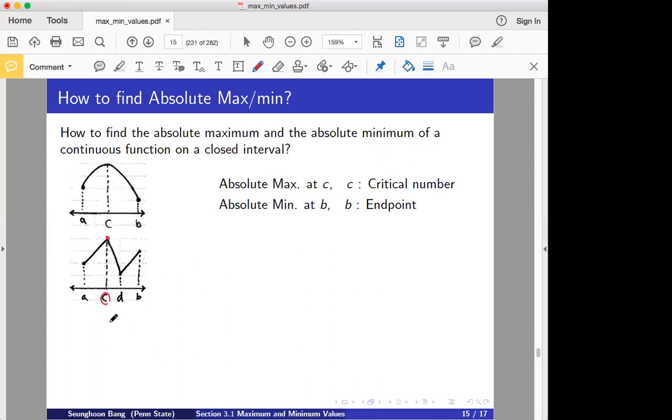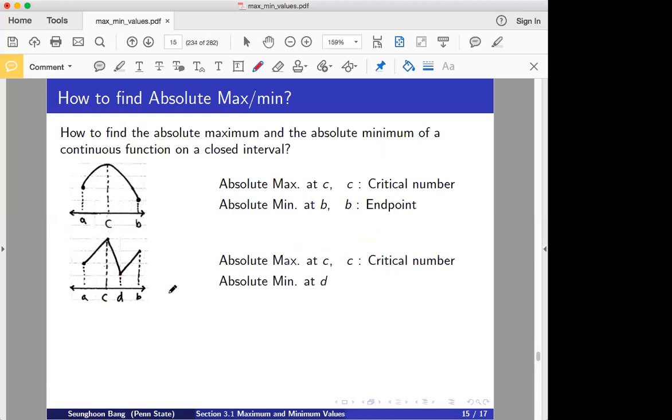What's the x value? Yes, d. Here, d. Lowest point, highest point. So c is a critical number because this is a corner. f prime of c does not exist and c is in the domain, so it's a critical number.